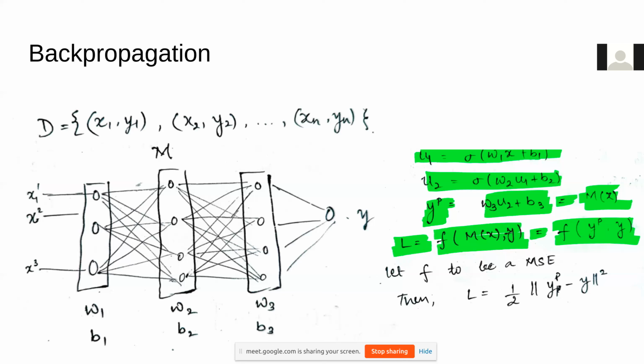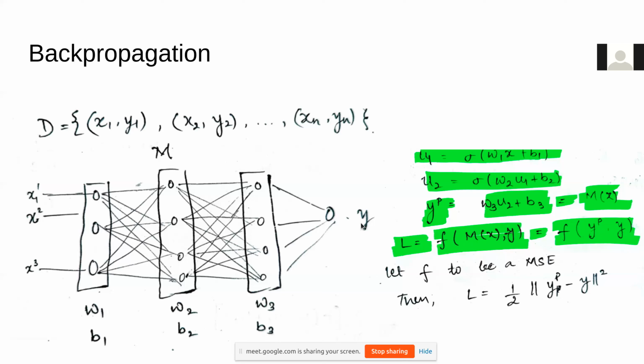In a regression setting, the loss function should aim for the output value to be very close to the true value. So here L represents this loss function, which is a function of the output of the model M, the neural network, that is, a function of YP and the true label or value which the network should predict. For this example to work, just assume F to be a mean squared error.